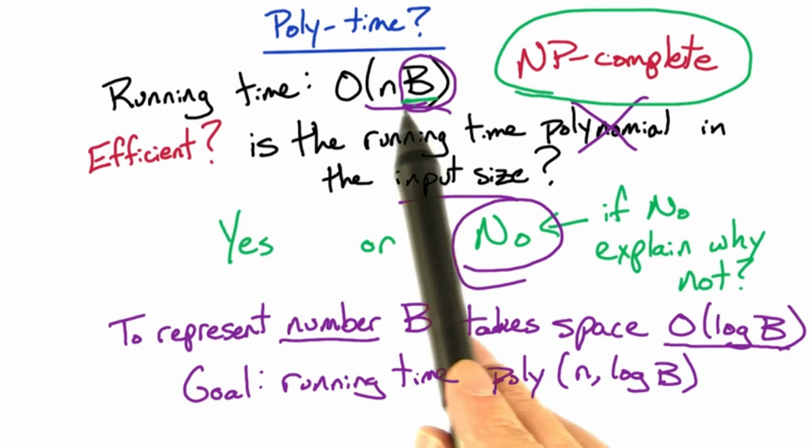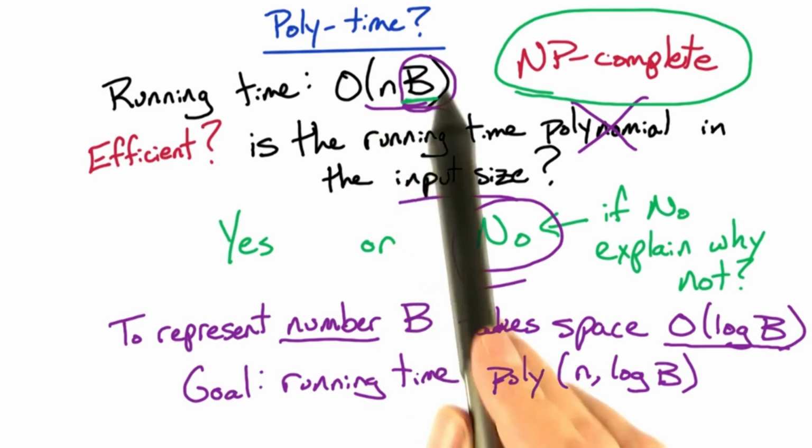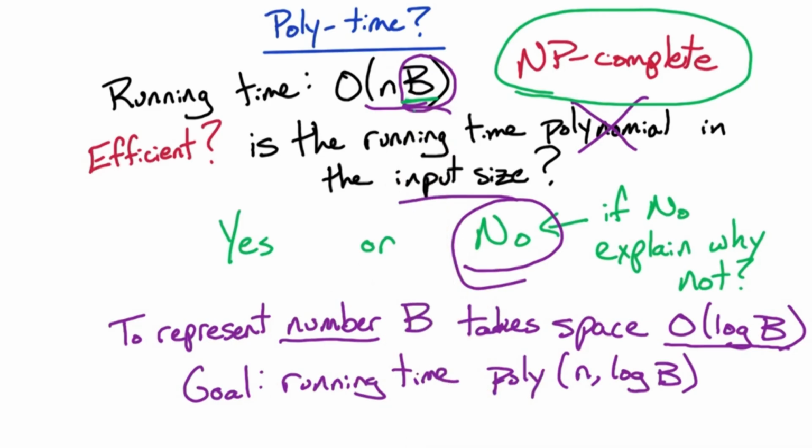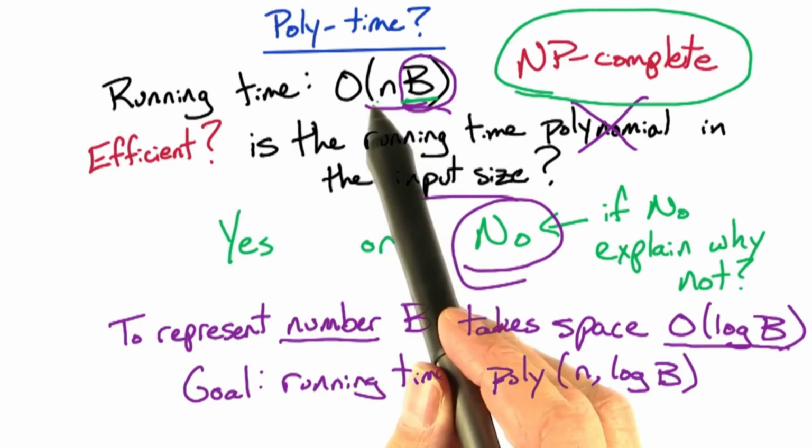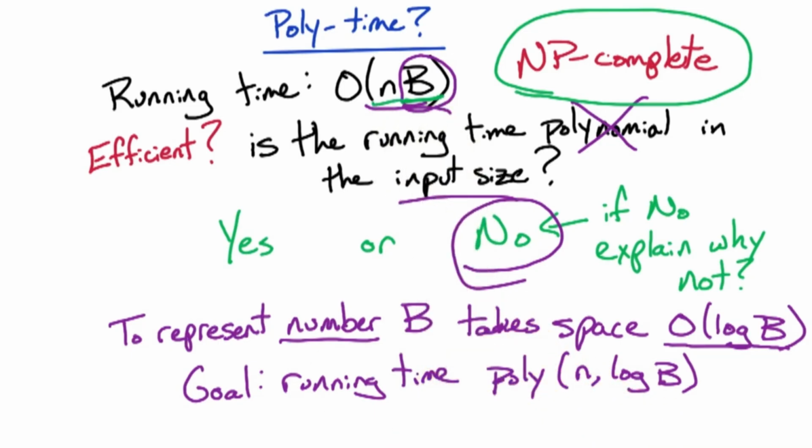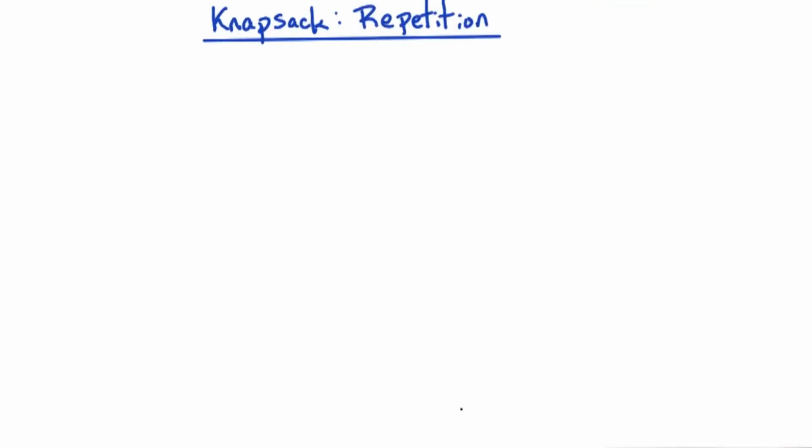So this running time, which is polynomial in capital B, will give an exponential running time for that original graph problem. And that'll help illustrate why this running time is exponential in the input size, whereas this is polynomial in the input size. Now let's look at the other version of the Knapsack problem.